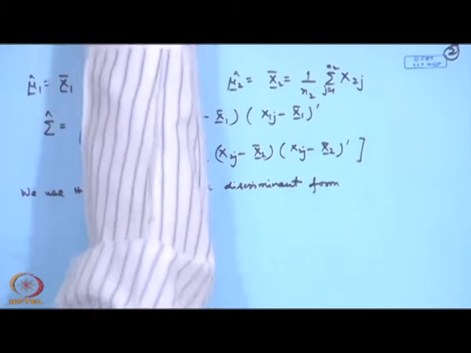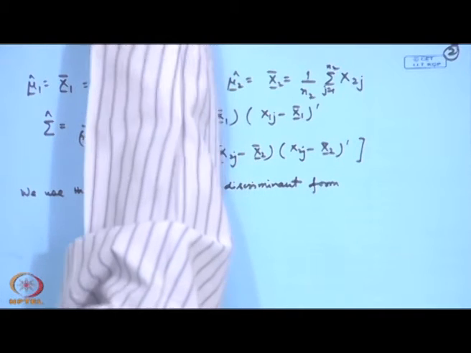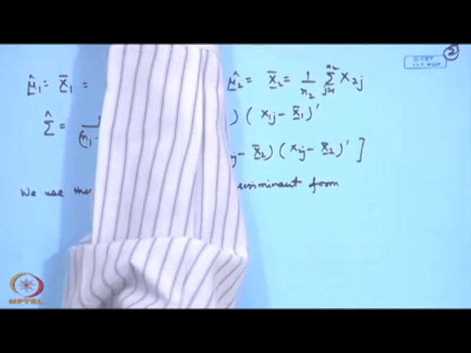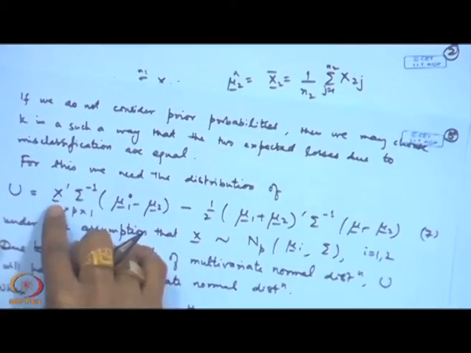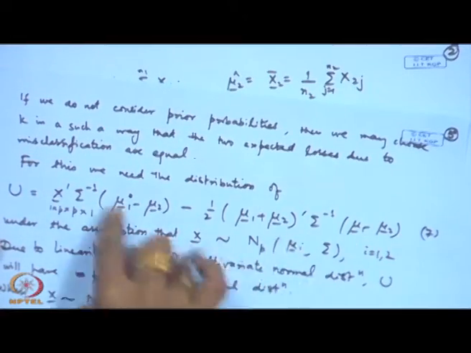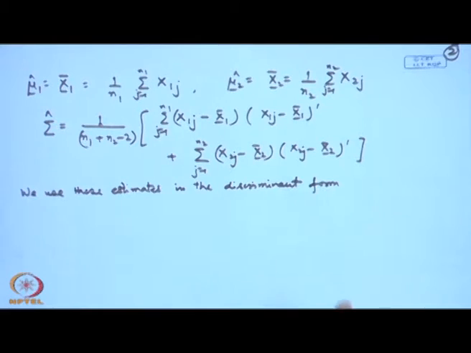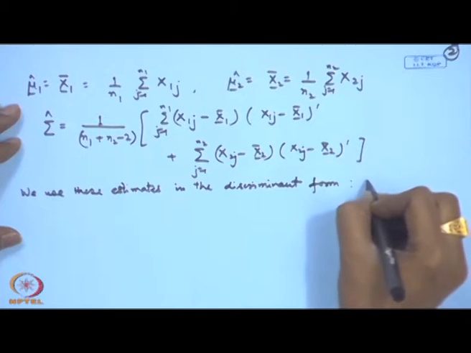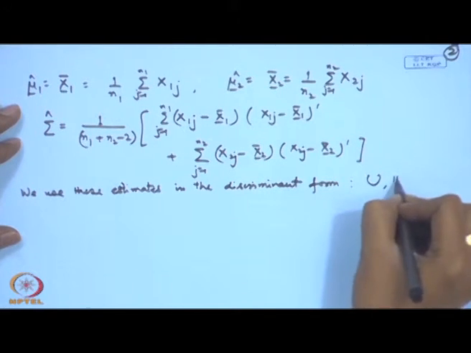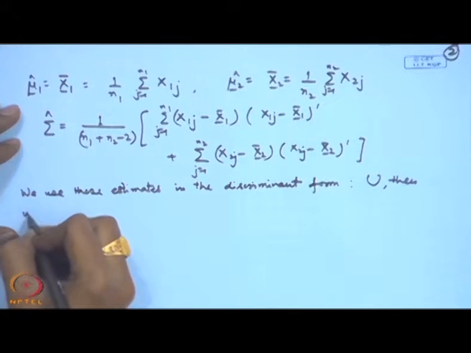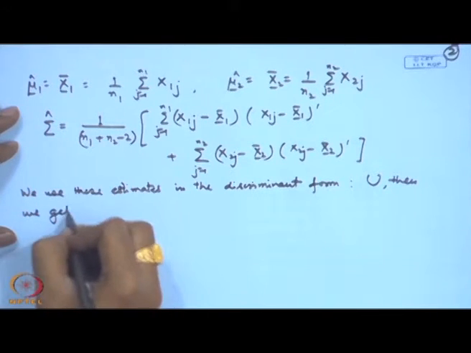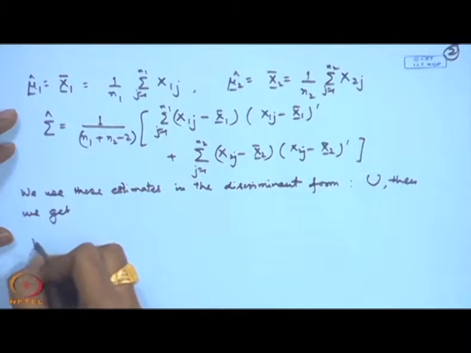In fact, you can look at the definition of u which I gave here, which was basically the left hand side of this rule, that is this particular term. So, this u can be considered as, let us call it w.